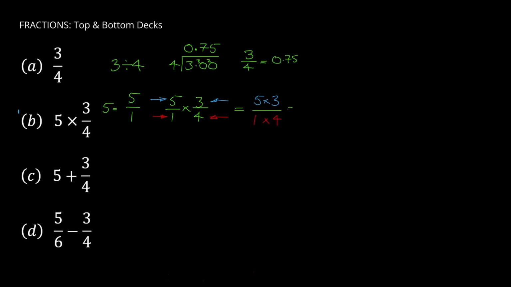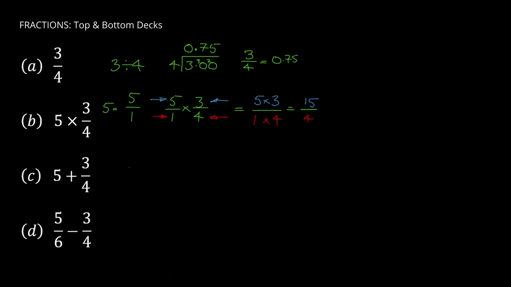And this equals 5 times 3 is 15 divided by 1 times 4, 4. And that's your answer. So hopefully you can see that top deck and that bottom deck are totally independent. Two completely separate sums to reach the fractional answer.